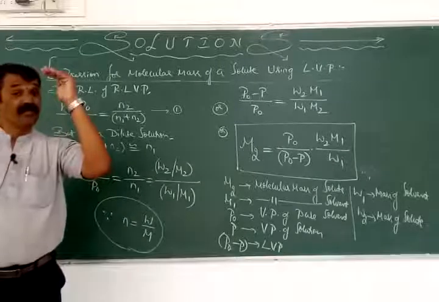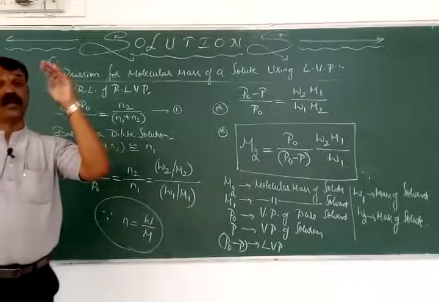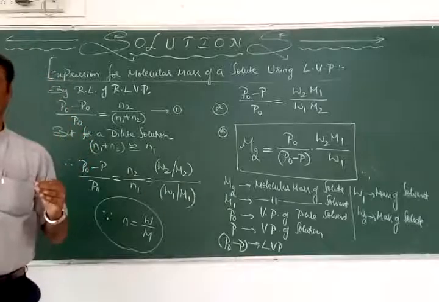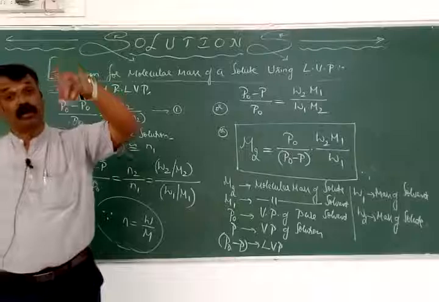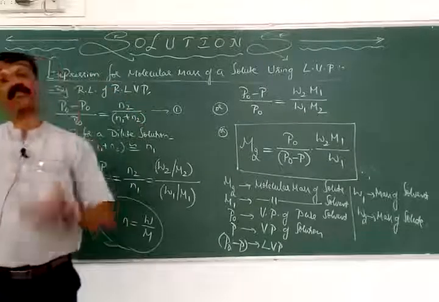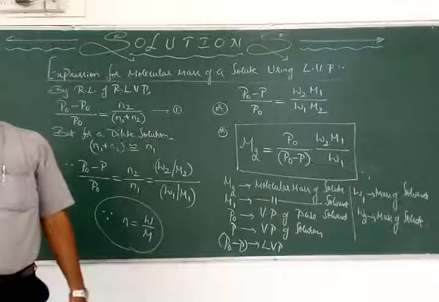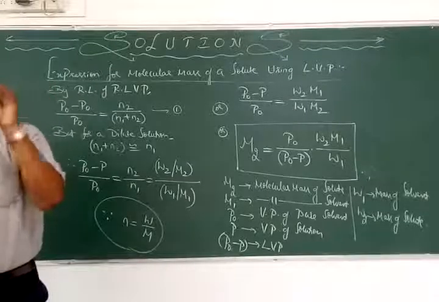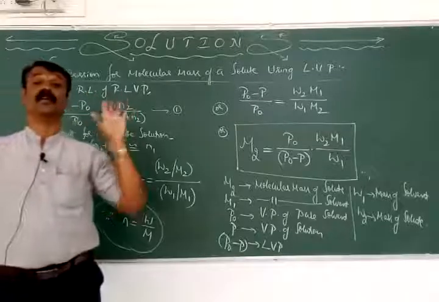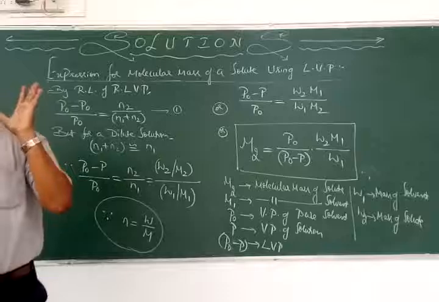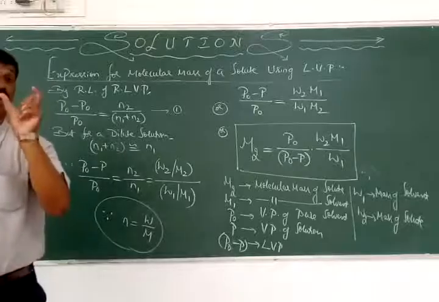It is the decrease in the vapor pressure of the solution or the liquid due to the addition of a non-volatile solute to the pure solvent. In case of mathematical concept, it is defined as just the difference in the vapor pressure of the pure solvent and the vapor pressure of the solution. Means the difference of P naught minus P is the lowering of vapor pressure, which is mentioned as delta P.